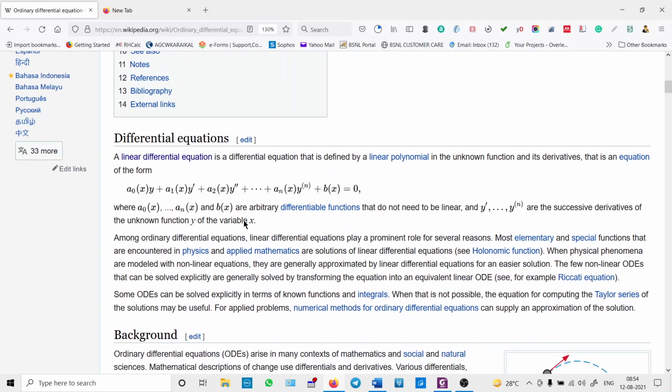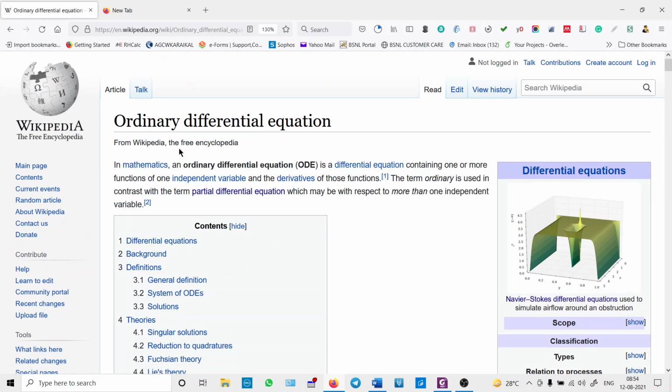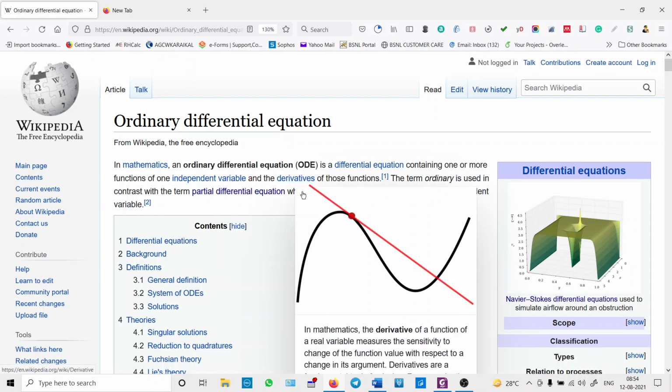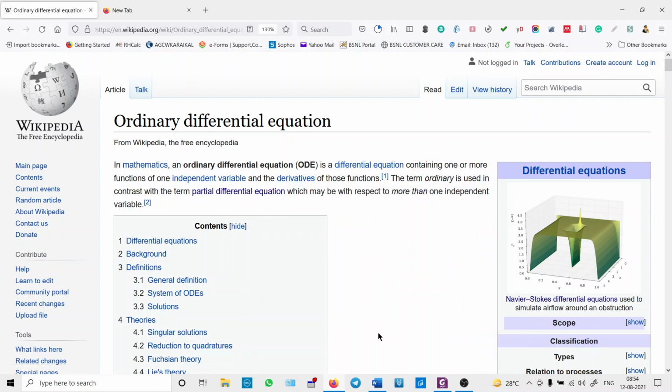So what is it in general? This is the ordinary differential equation. It's an equation containing one or more functions of one independent variable and its derivatives. Suppose y is depending on x, then we can say that y equals some function of x, y equals f of x.